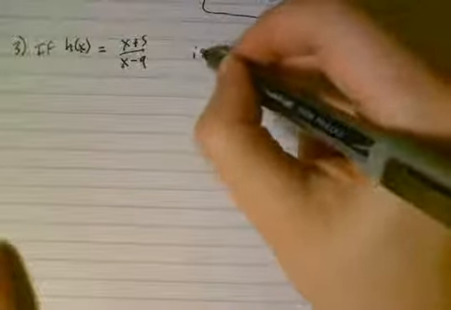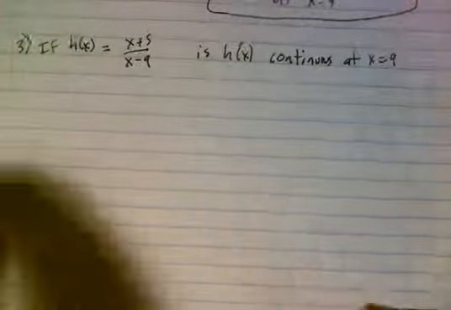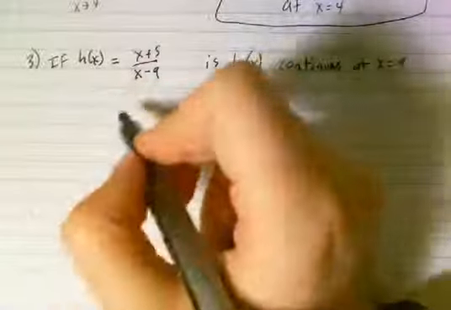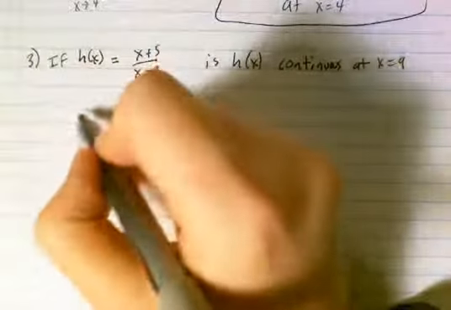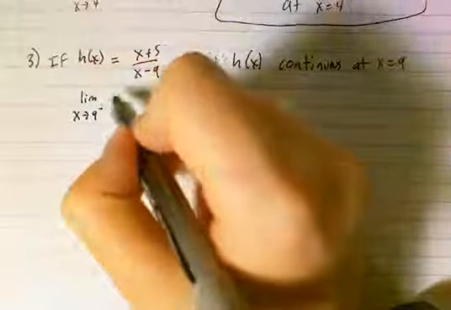Thirdly, let's look at one that isn't a piecewise function. Let's say h of x equals x plus 5 over x minus 9. Is h of x continuous at x equals 9? So here we only have one function. Let's get the limit as x approaches 9 from the left.